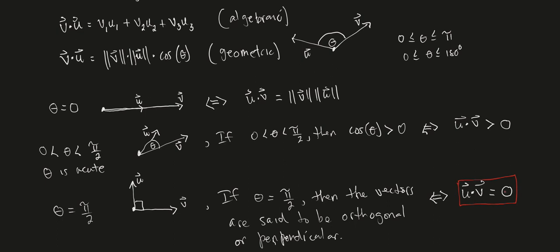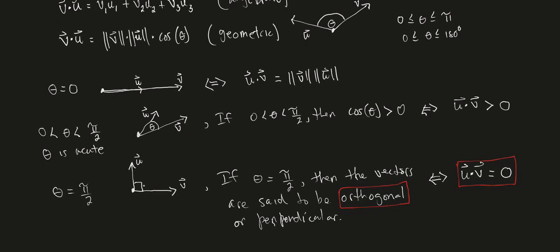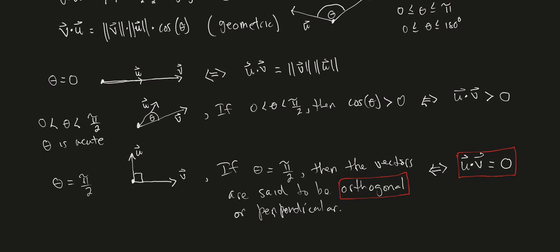Whenever the dot product of two vectors is equal to 0, then it means that the vectors are orthogonal, right? So orthogonality is a geometric concept, and obviously, this is an algebraic concept here, and they mean exactly the same thing, or they are directly related, right?